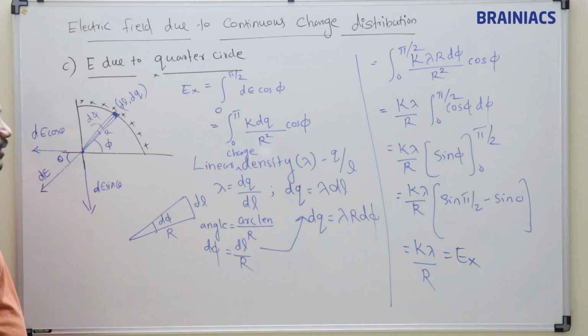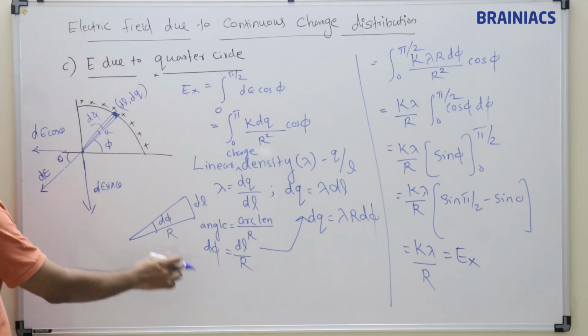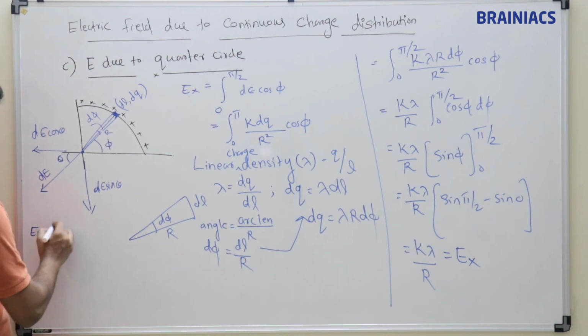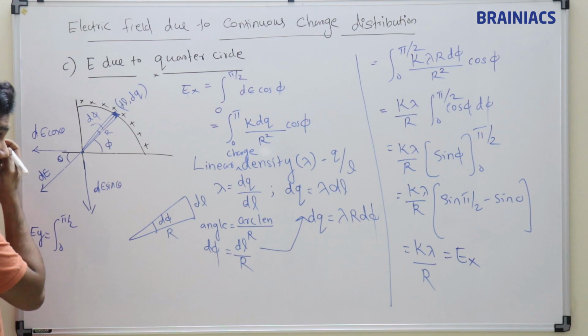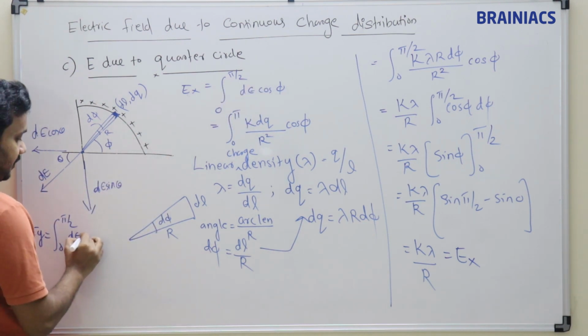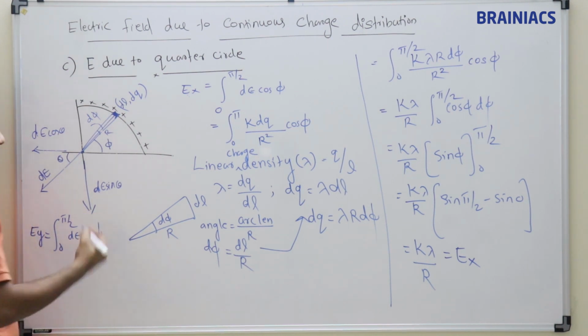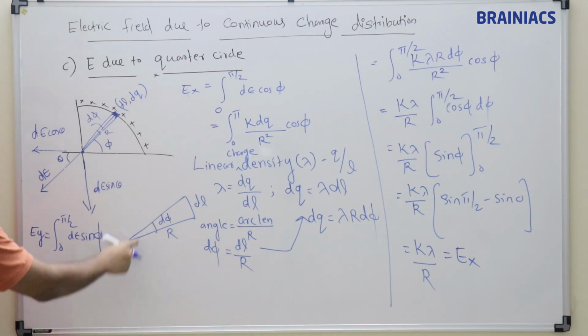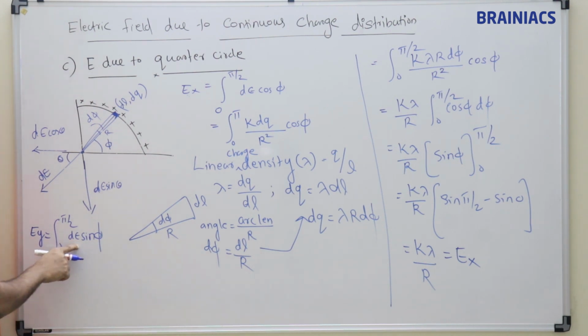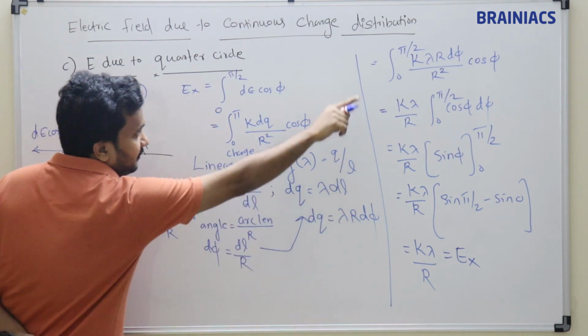So Ey will be equal to the same steps, 0 to pi by 2. Instead of dE cos phi, dE sin phi will come. Next one, dE, the same equation, there is no difference for dE.